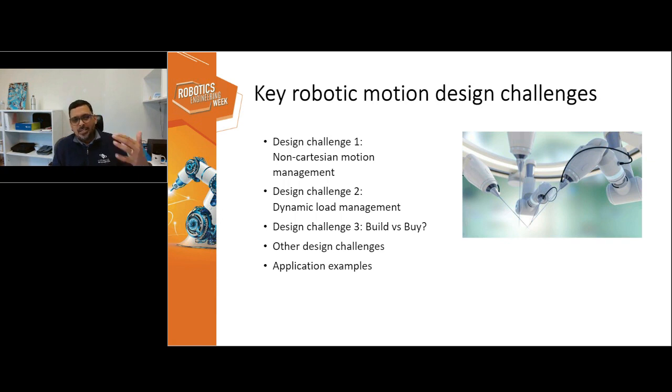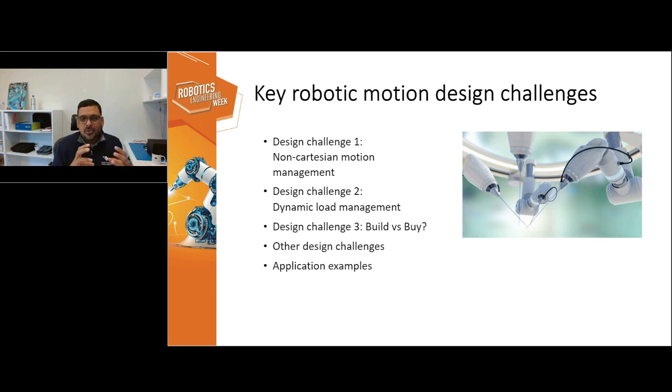The second one is dynamic load management, where you have an end effector with a variable load. How do you manage and get to precise motion control in those situations? That's the second topic we'll look at. The third one is one I alluded to before, a build versus buy decision.